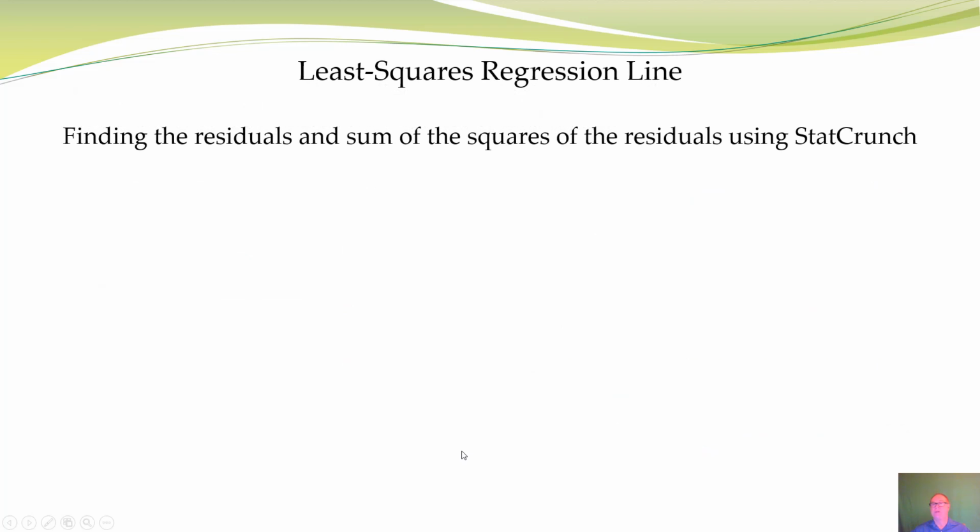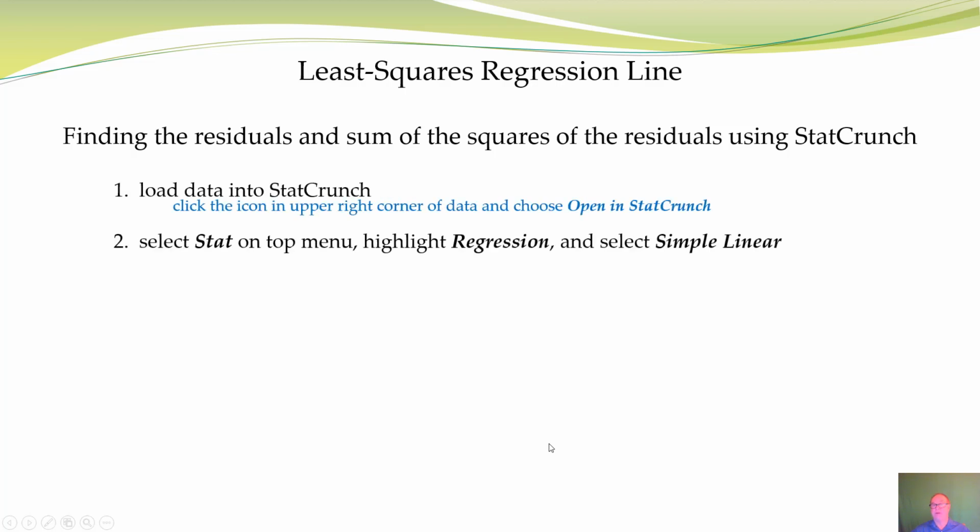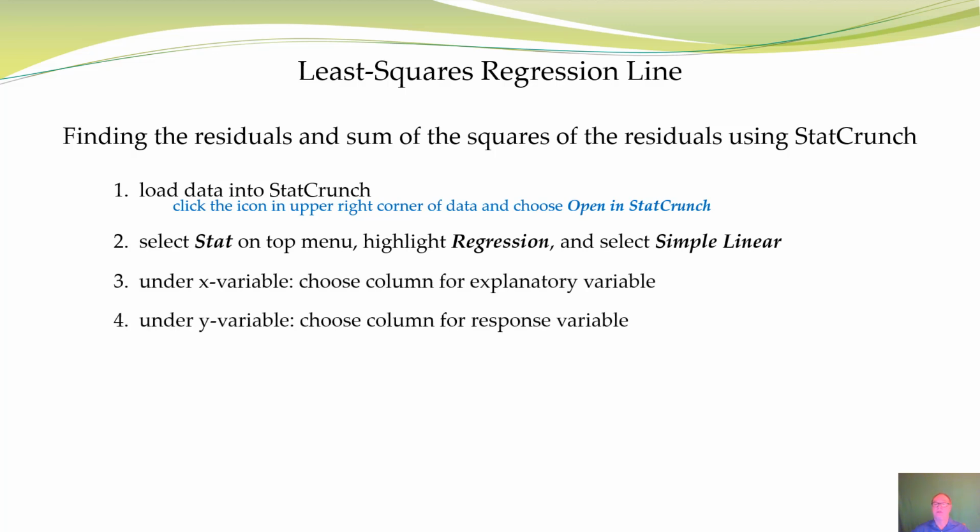Now, finding the residuals and sum of the squared residuals using StatCrunch. Load the data into StatCrunch. Choose Stat, Regression, Simple Linear. Under the x variable, choose the explanatory variable. Choose the response variable for the y variable. Now, this time, under Save, choose Residuals.